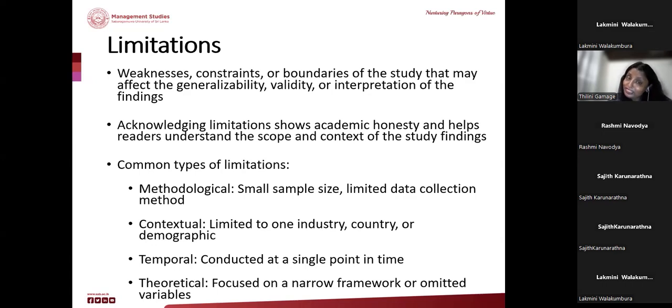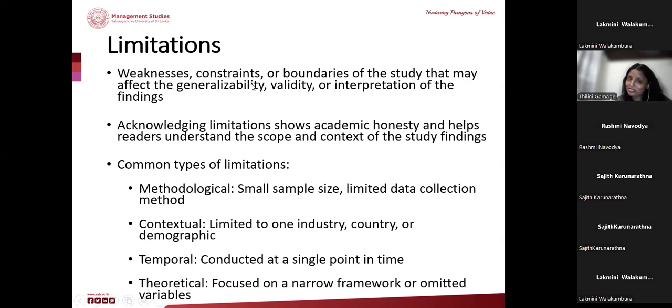If you do not acknowledge limitations, it might definitely be a negative point. But acknowledging limitations demonstrates academic honesty. And at the same time, it allows readers to understand the scope and the context of the study findings as well.